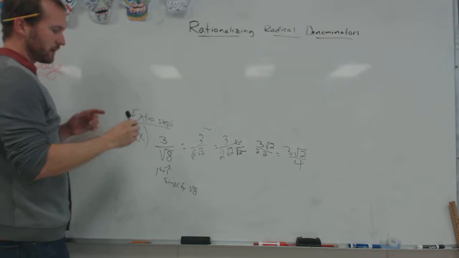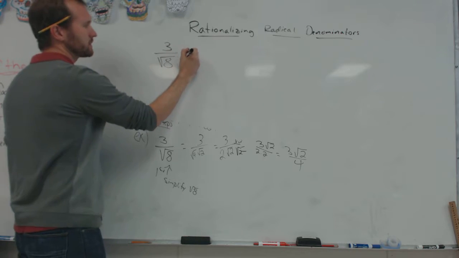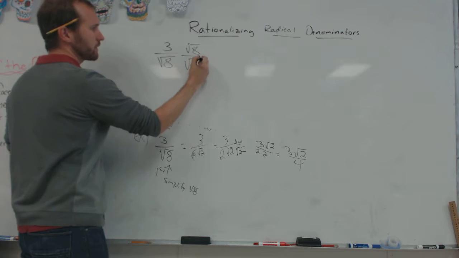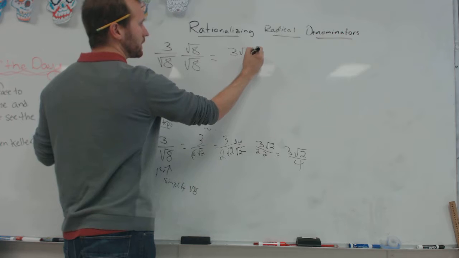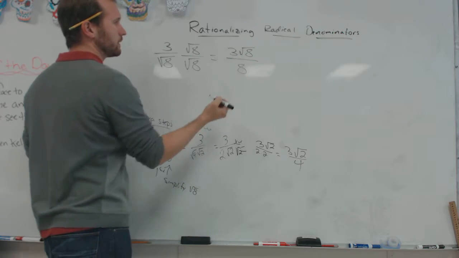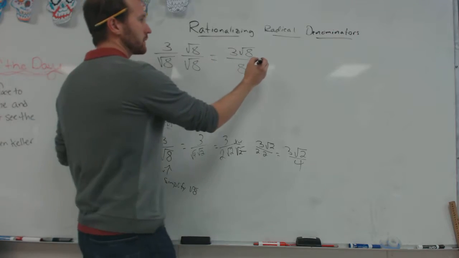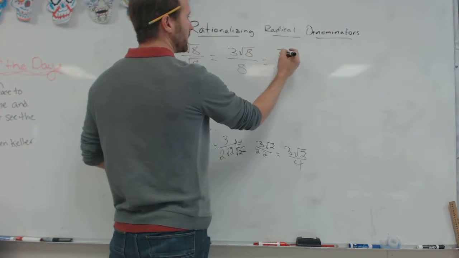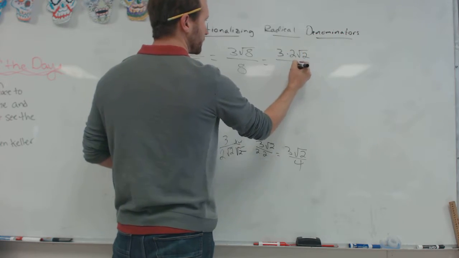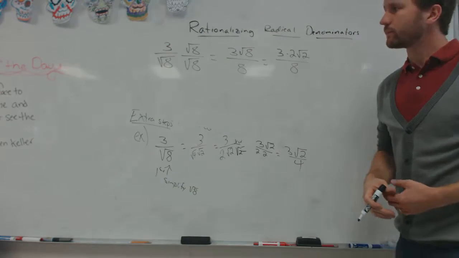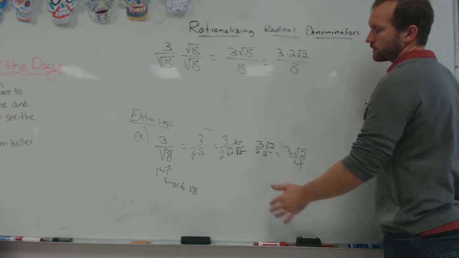So if I had just multiplied immediately times square root of 8 over square root of 8, I would have had 3 square roots of 8 over 8. And then I would have had to simplify up here. So I would have had 3 times 2 times the square root of 2 over 8, because the square root of 8 is 2 square roots of 2.